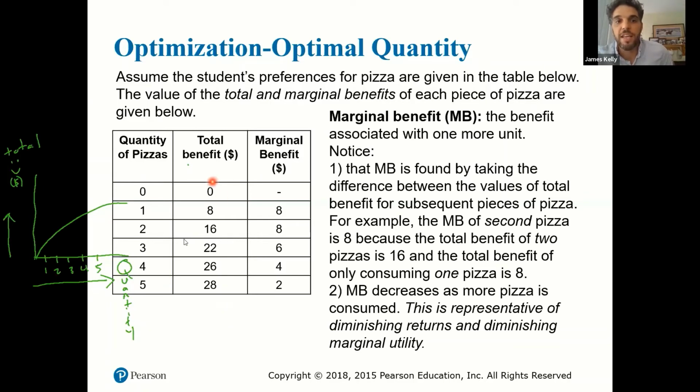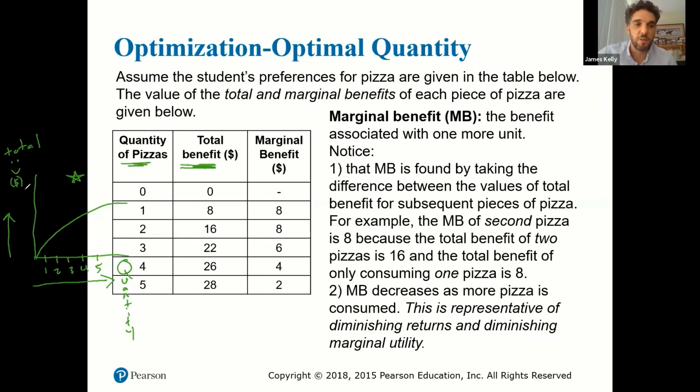Now, the key to remember here is that this total benefit is the total amount of happiness that the student receives from consuming pizza. So we are looking at this graph here. This table between quantity of pizza and the total benefit is represented essentially in this graph.